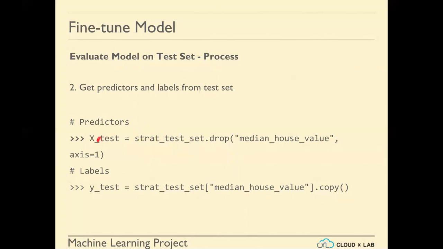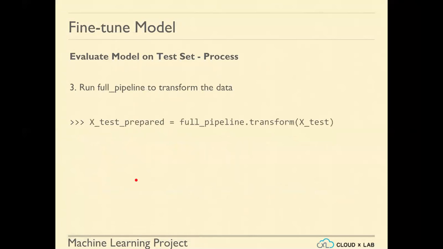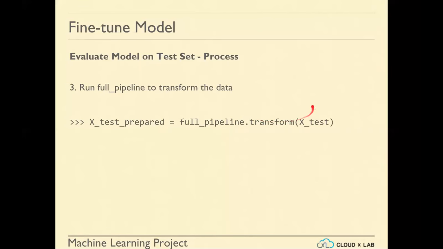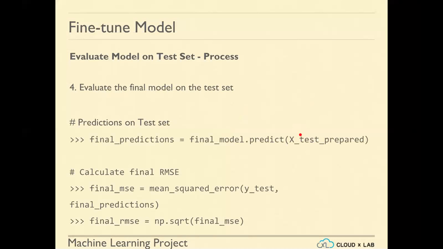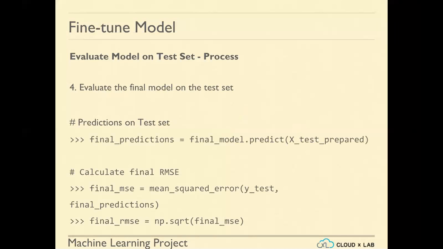We are now breaking it into two parts, X and Y. These are the features, and this is the target variable or labels. Then, using the same pipeline with which we processed the other data, we process the test data as well. I think Y does not need to be processed.